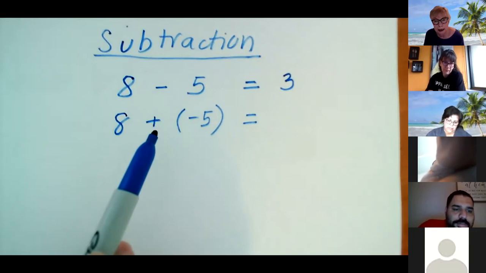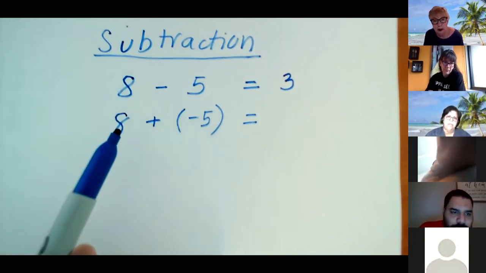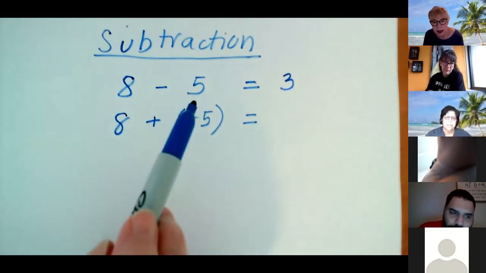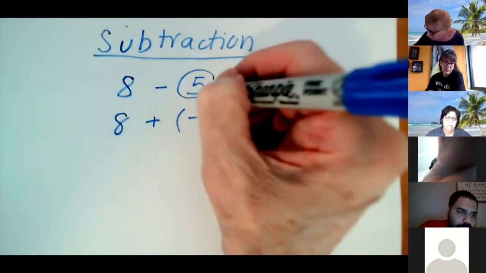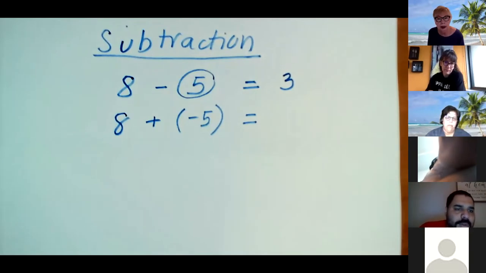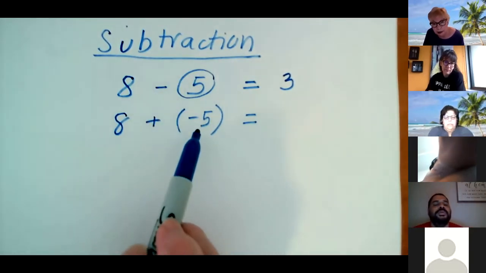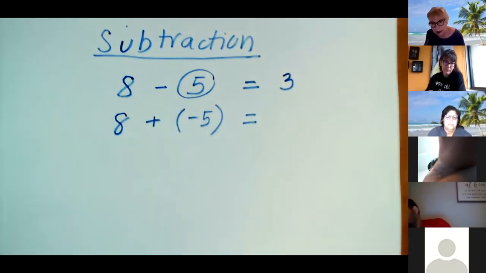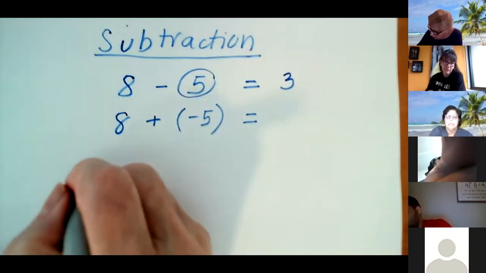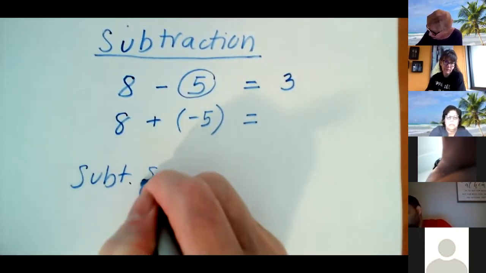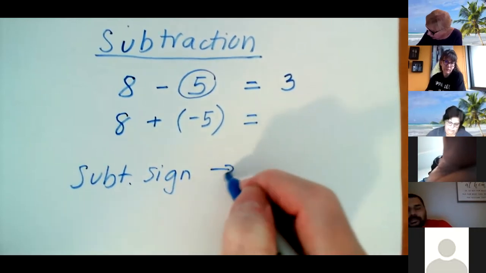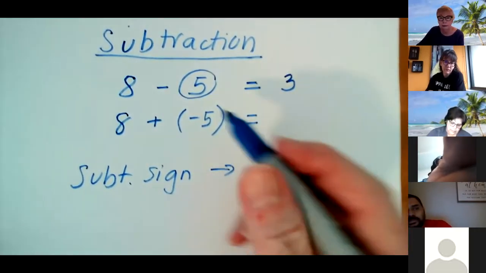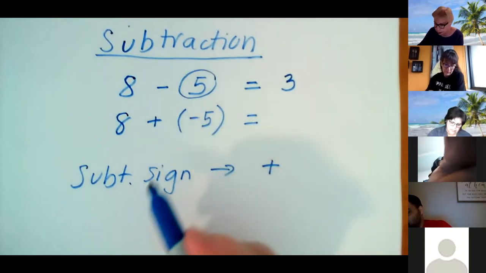But what I did was the first number I never changed. The second number, which was positive, I changed it to negative. So I did two things. The subtract sign went to plus, there to there.